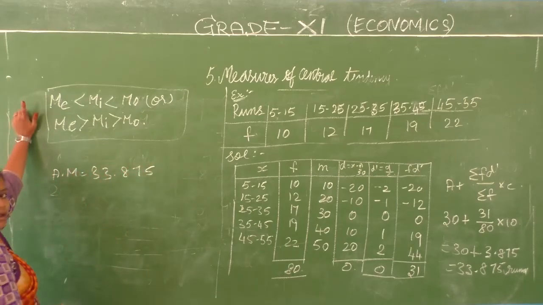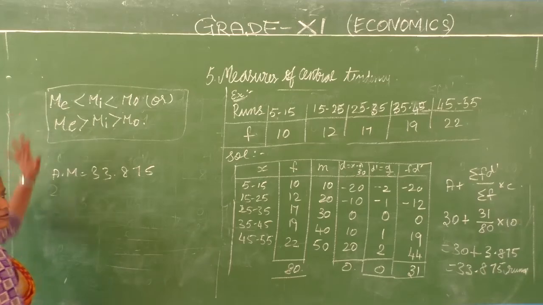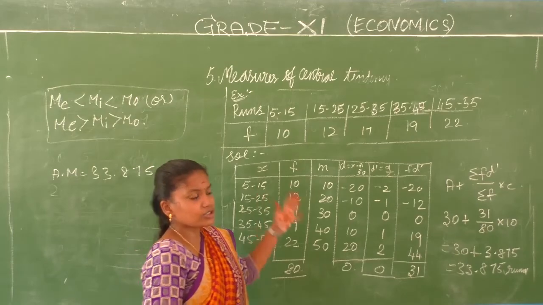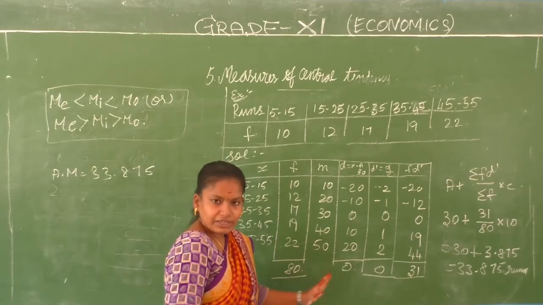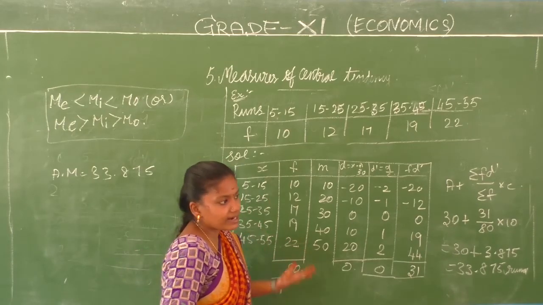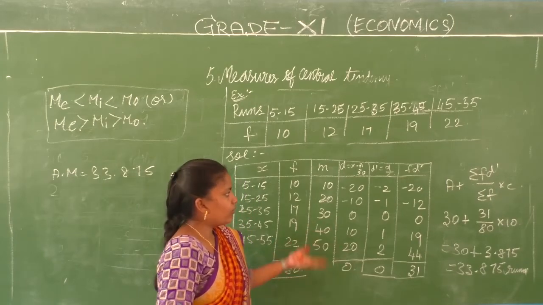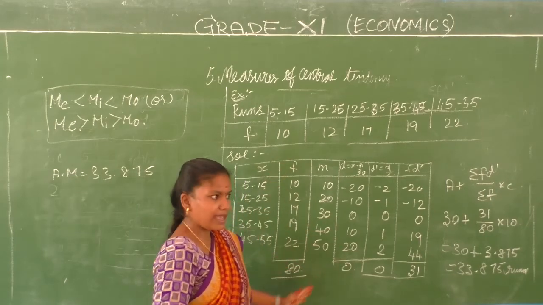We are going to find which condition is going to apply for this particular problem. So what did we do? We did the arithmetic mean by the step deviation method. If you take the direct method, you will get the same answer. What is that? Sigma fx by f, right?